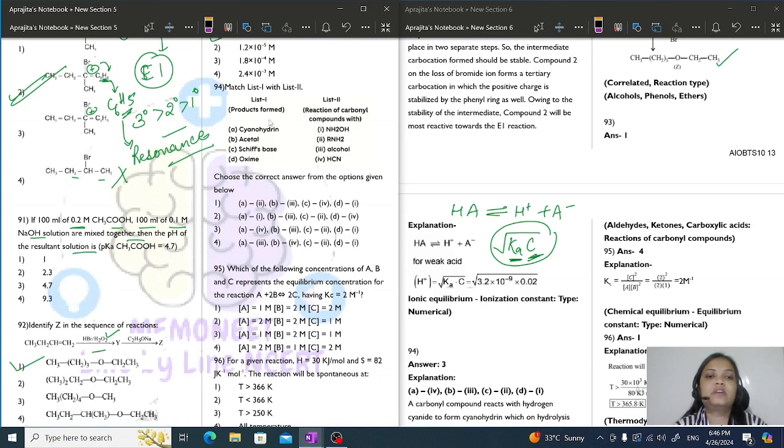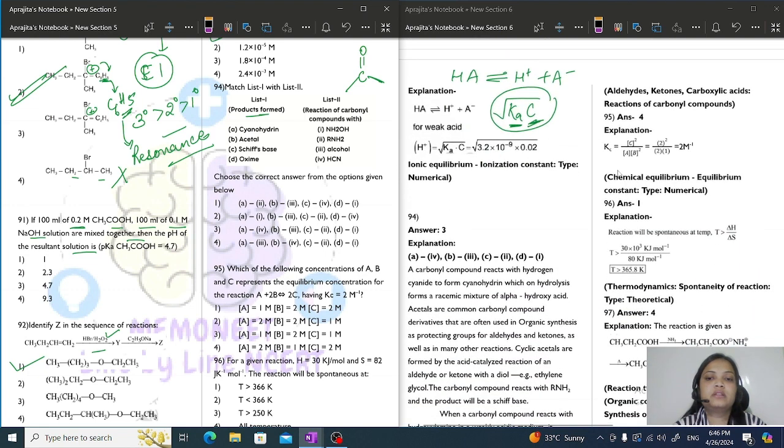Next, we have to match the product formed with the reaction of carbonyl compounds. The carbonyl is this. The first one is cyanohydrin. Carbonyl compounds react with HCN to form cyanohydrin. So it's A for HCN. Then acetals.